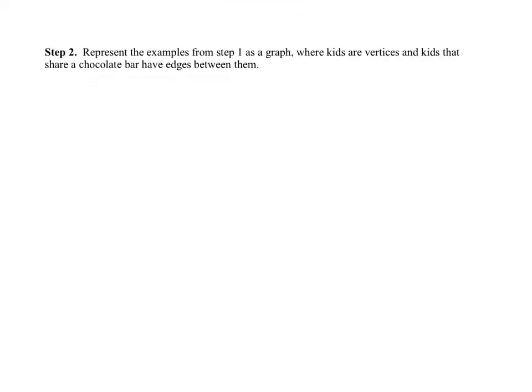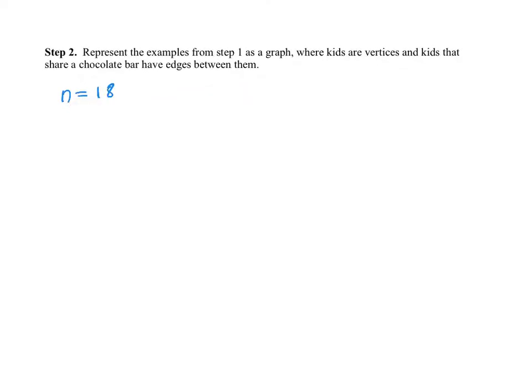Okay, so step 2, we take the examples from step 1 and we build a graph out of it. So the kids are going to represent vertices, and when they're sharing a chocolate bar, they're going to have an edge between them. So the first example that we came up with above had n equal to 18. So what would that look like as a graph?